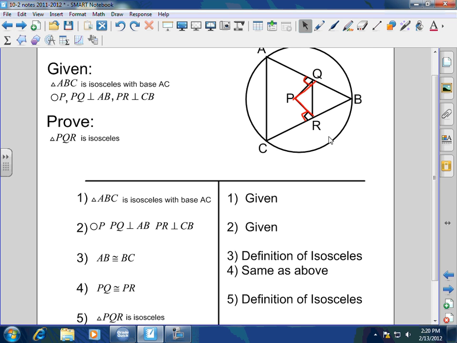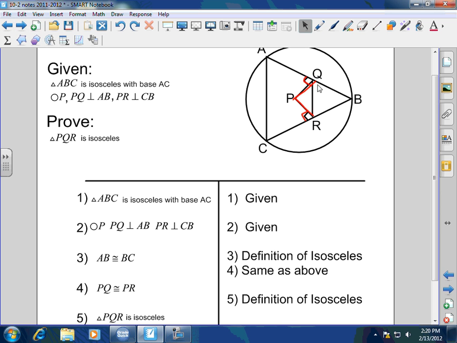Okay, he's asking PR can be perpendicular to any line. Yeah, and? I don't understand your question.